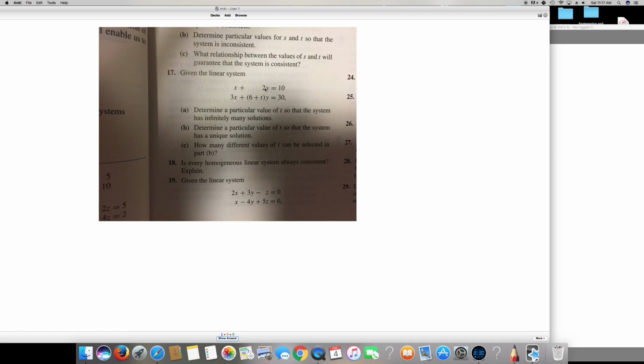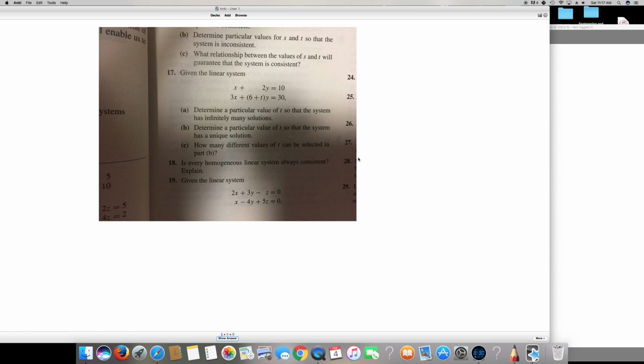So if I multiply 2 by 3, it's 6. So 6 plus t should be 6, so t should be zero, then only it will give 6y. If I get 6y, it's infinitely many solutions. So the answer is t is equal to 0. And the b question is asking to determine a particular value of t so that the system has a unique solution.